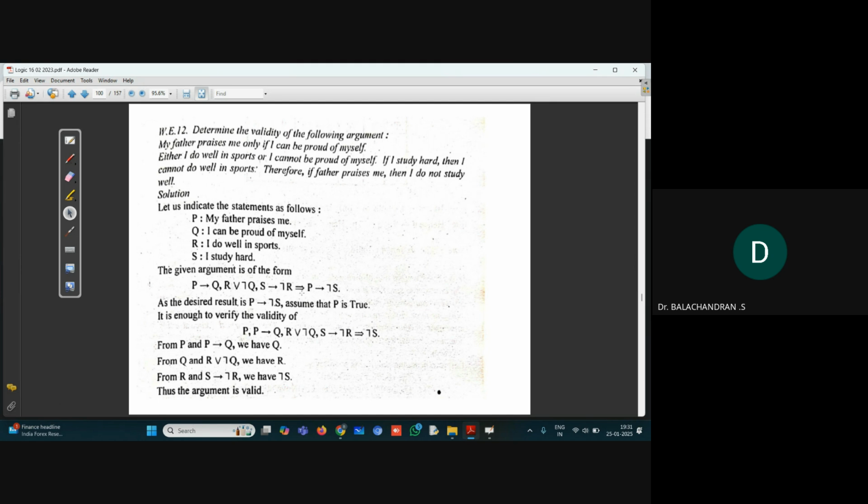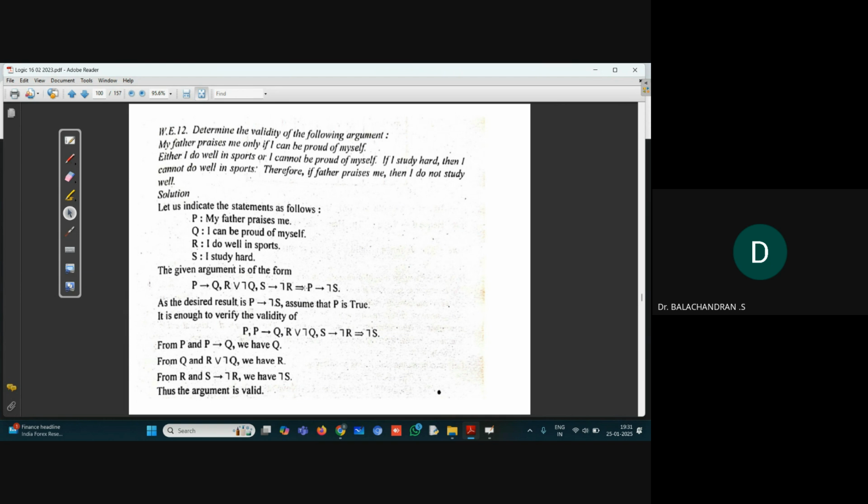So what is rule CP? If the conclusion is of the form A implies B, assume A as an additional premise, and then prove B. Then you can prove A implies B from the given premises alone.